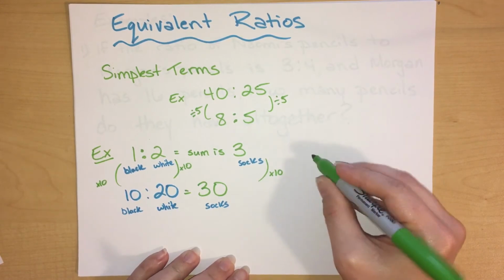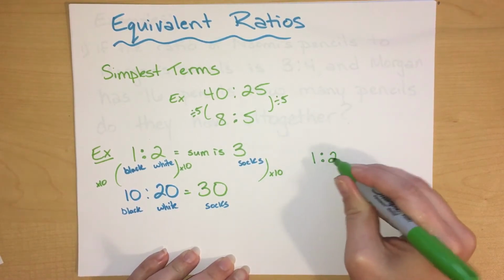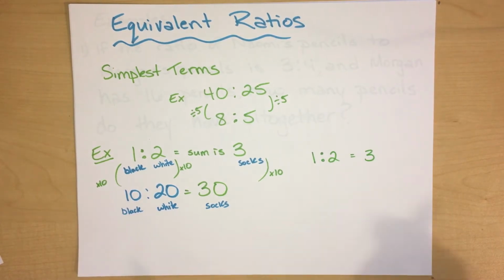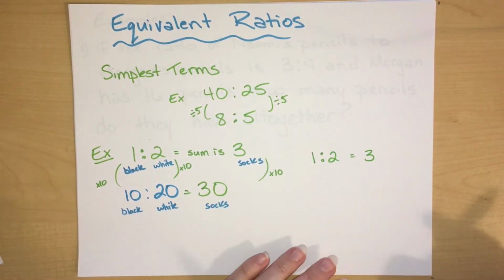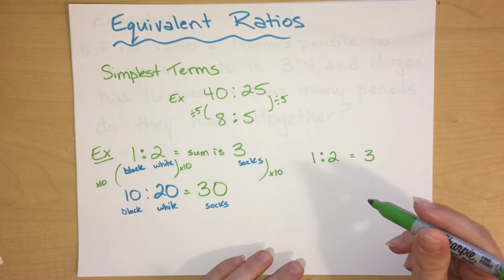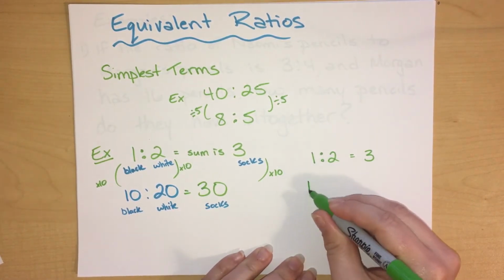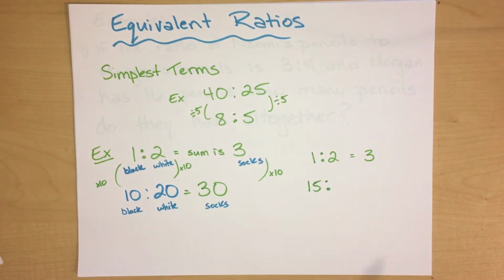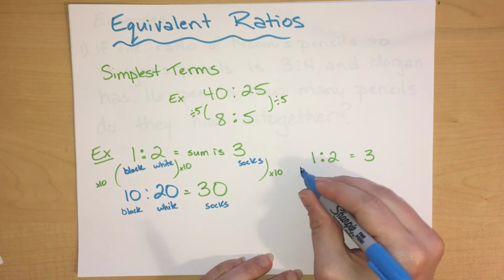So let's go back to our 1 to 2 original ratio, which had a sum of the ratio of 3. Let's say I had a drawer now where, when I opened it, 15 of the socks were black. Okay, remember we identified that.